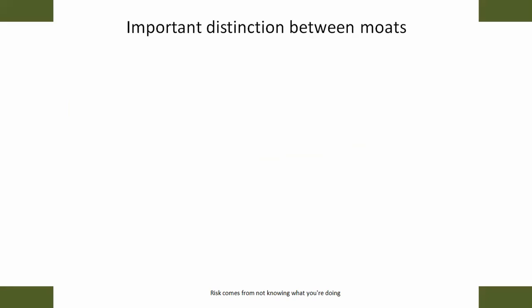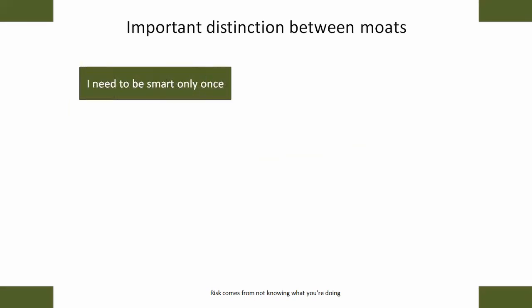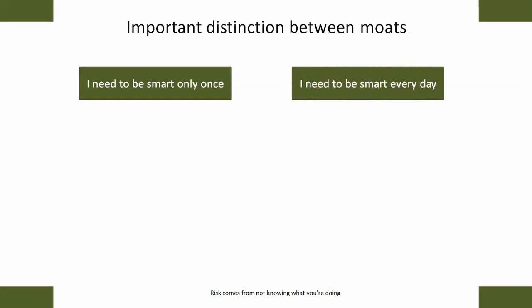Now, another important thing to understand about modes is that we can create a distinction between modes in one very important way. So what Warren Buffett calls is, do I need to be smart only once, or do I need to be smart every day? Which is really difficult, right?